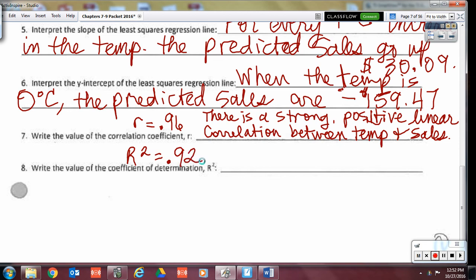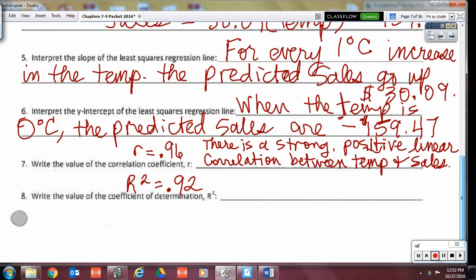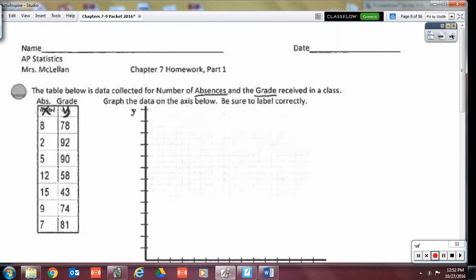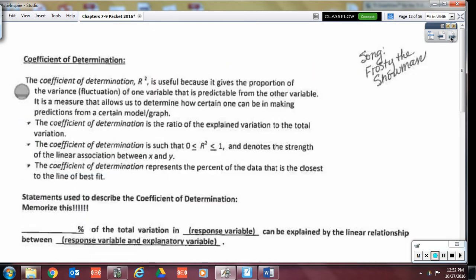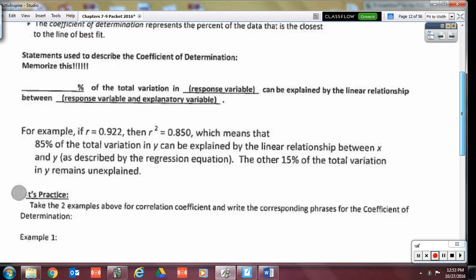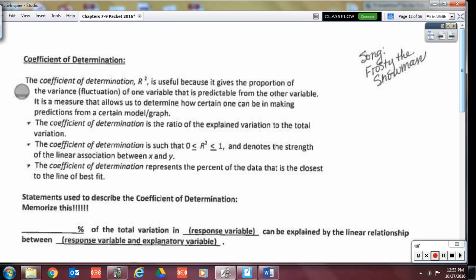And now let's go learn what that means. Okay? So if we go over in our packet to page, I think 6 or so. Yep, page 6. Okay.